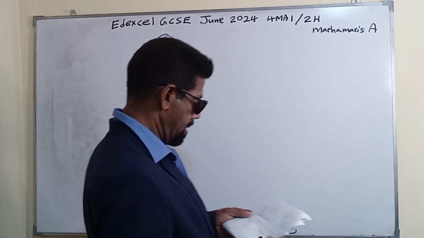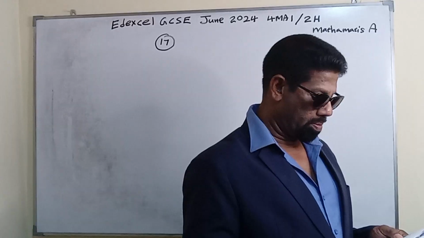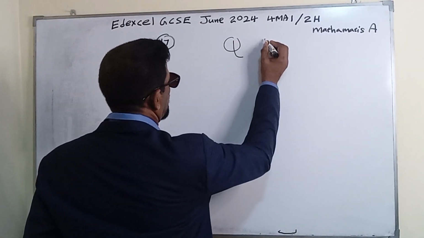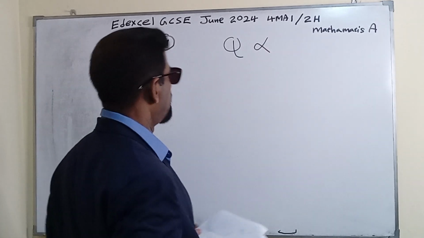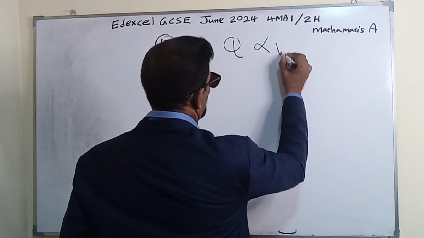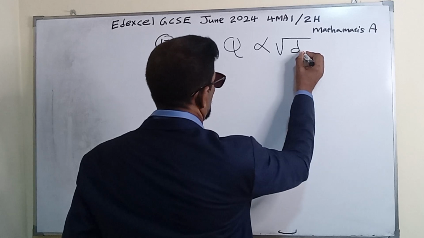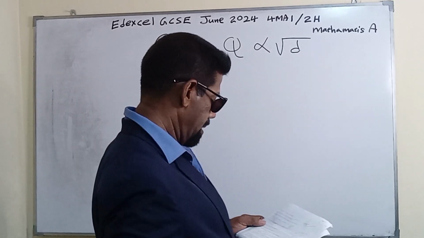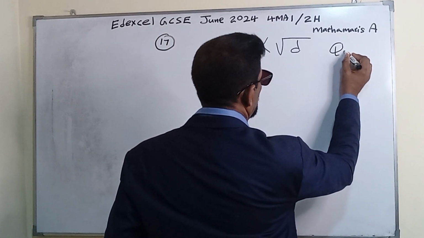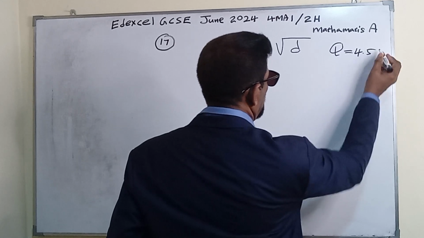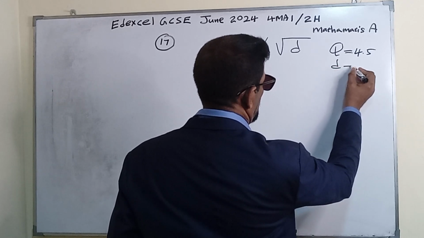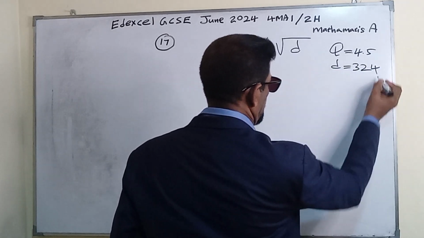We have to do question number 17 from that past paper. Q is directly proportional to the square root of D. This is the proportional symbol: Q is directly proportional to the square root of D. He gave Q equal 4.5 and D equal 324.